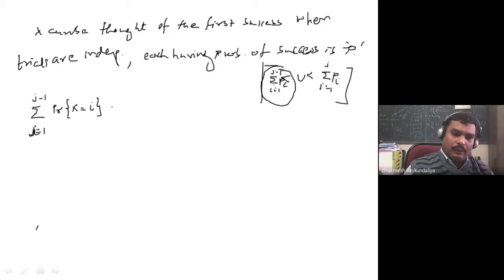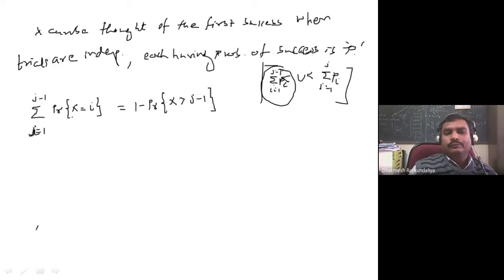So can we write in this way? It is equal to 1 minus probability that x is greater than j minus 1, because it is P1, P2 up to Pj minus 1.